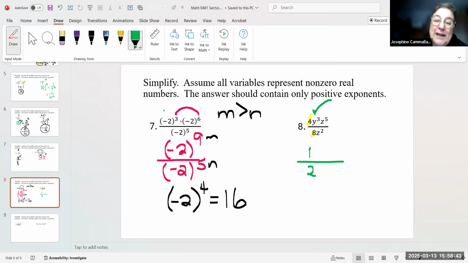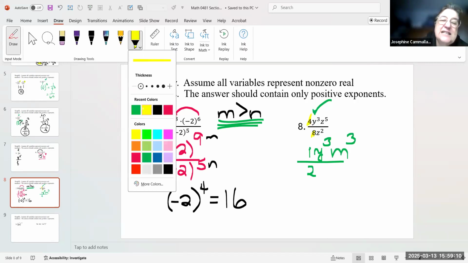That's in the numerator. So it is staying wherever it's at. Now, if you look at the z's, my power of z in the numerator is greater than the power of the z in the denominator, which means I'm using my quotient rule to subtract.